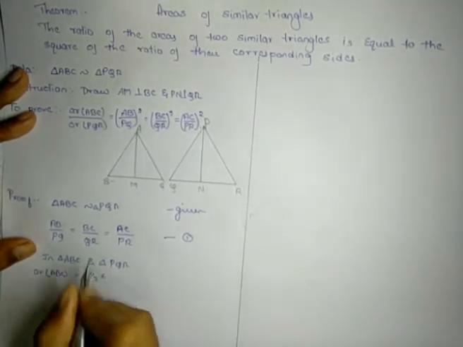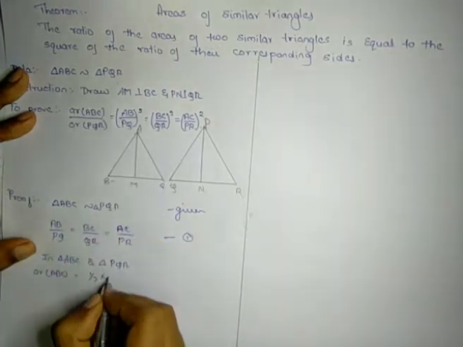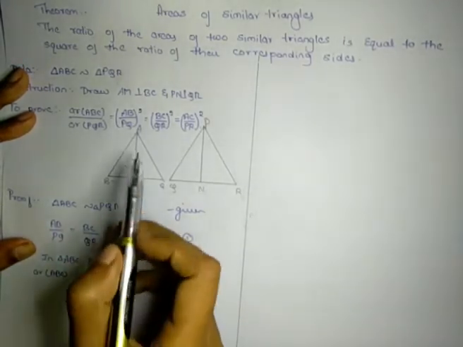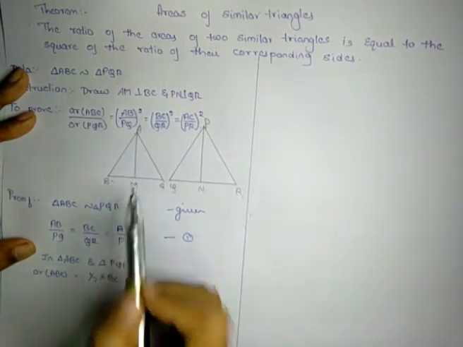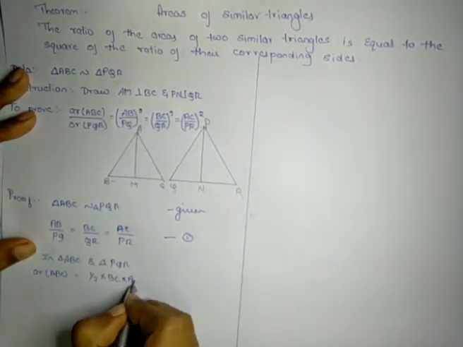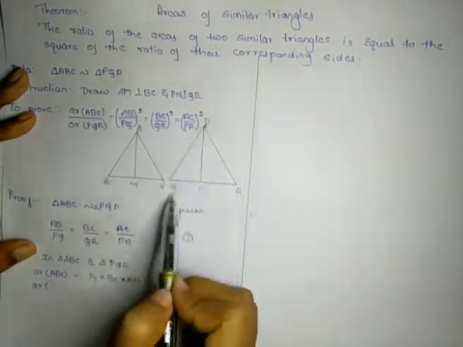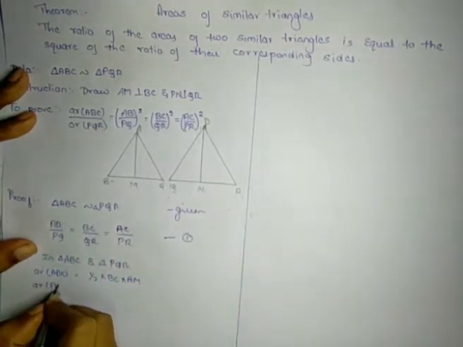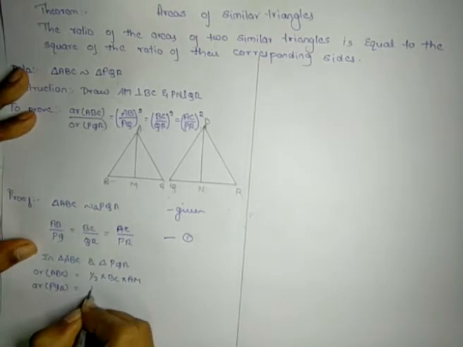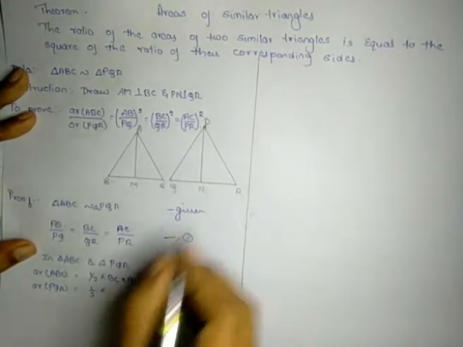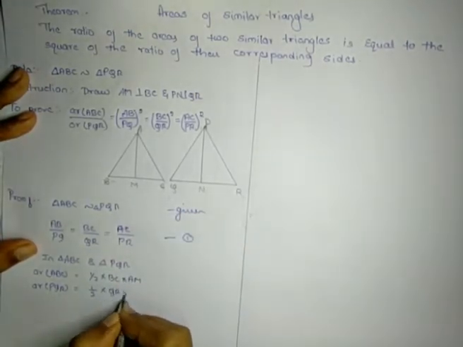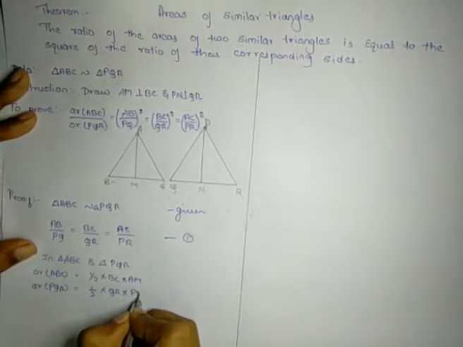Half into base, that is BC, and height for triangle ABC is AM. Similarly, we'll find the area of triangle PQR, which is again half into base QR into height PN.